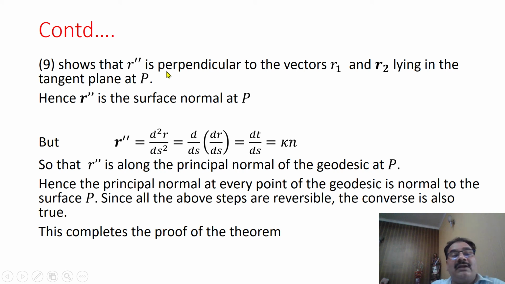Equation 9 shows that r double dash is perpendicular to the vectors r1 and r2 lying in the tangent plane at P. Hence, r double dash is the surface normal at P. But r double dash may be written as d²r/ds², which is d/ds of dr/ds, that is dt/ds, and we know that is κn. So r double dash is along the principal normal of the geodesic at P. Hence the principal normal at every point of the geodesic is normal to the surface.